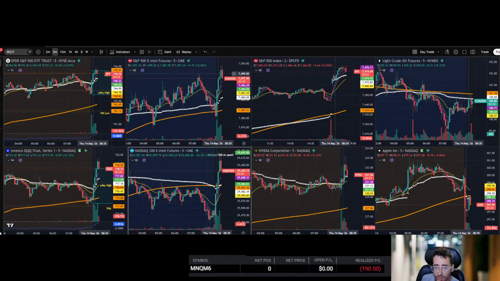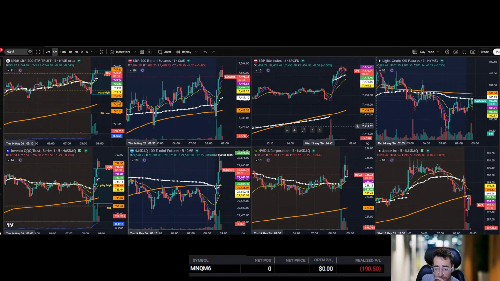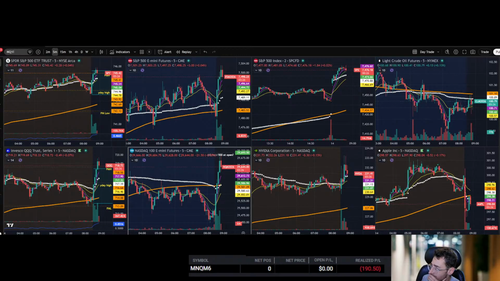It's kind of that break and reversal of 7,500. If we can pull back to that 600, actually, I'm just going to get in a little here. It's going to be my last trade if it's red.